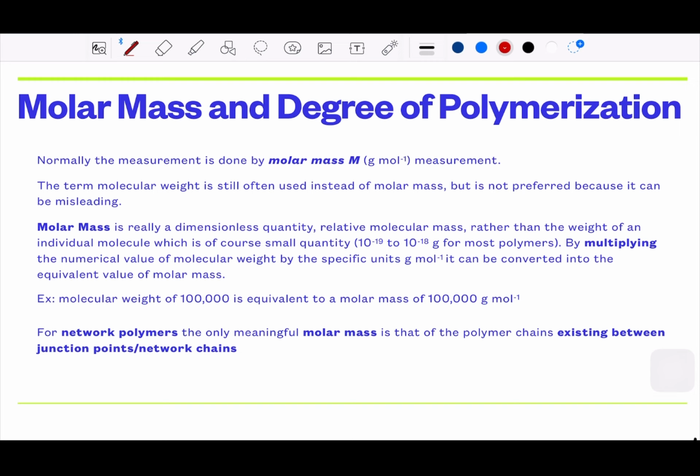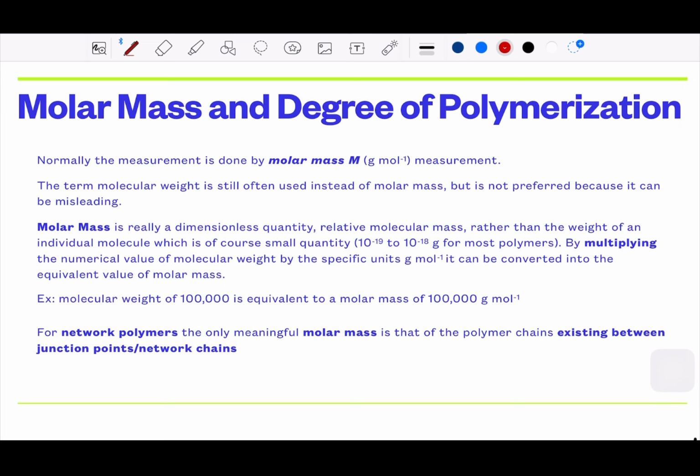I think you can focus just on the third statement here. Molar mass is a dimensionless quantity. It's like, from your basic chemistry, the relative molecular mass. Usually this is for individual molecules, a small quantity. By multiplying with the number, we can get the molar mass.